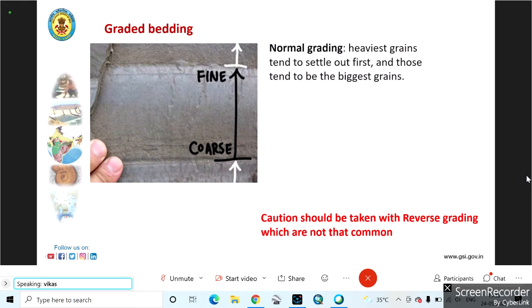They are not that common, but we should keep in mind that this is not a 100% way to define which side is younging up, because if we make an error in identifying whether it is a reverse or a normal grading, our interpretation can go wrong. Next, please.